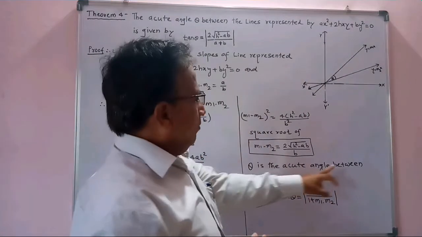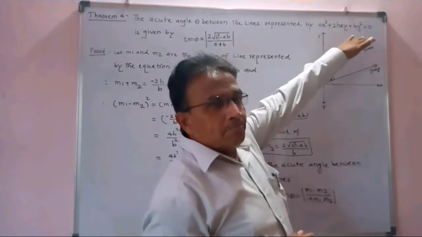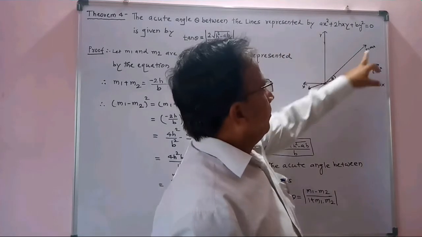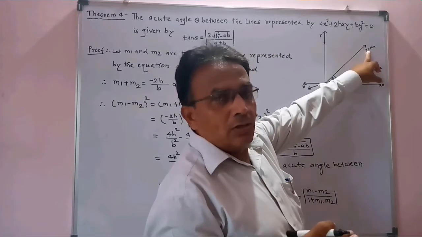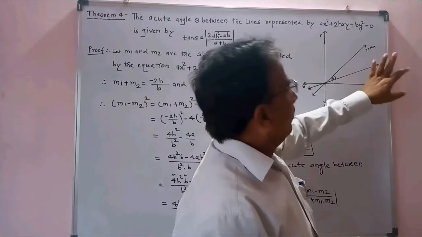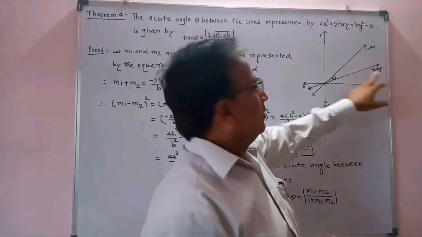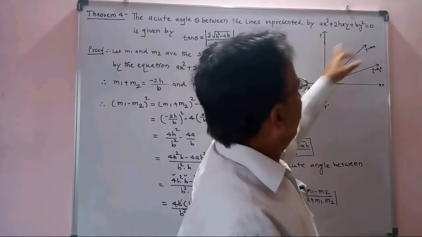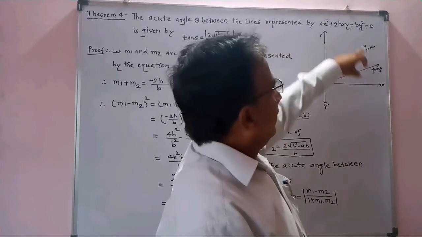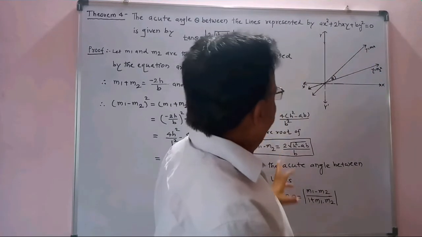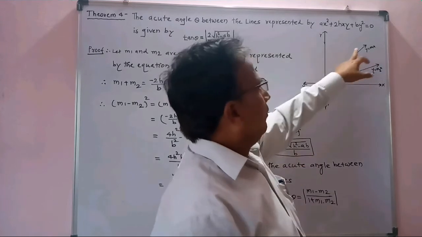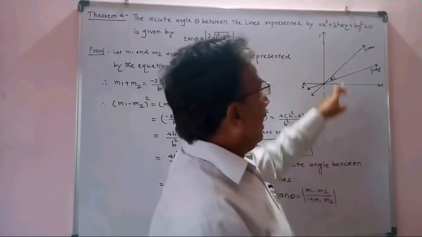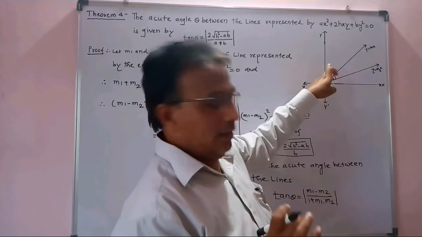Theta is the acute angle between the lines. There are two lines; this is the x-axis and this is the y-axis. The first line is y equal to m1x and the second line is y equal to m2x, and this theta is the acute angle between the two lines.